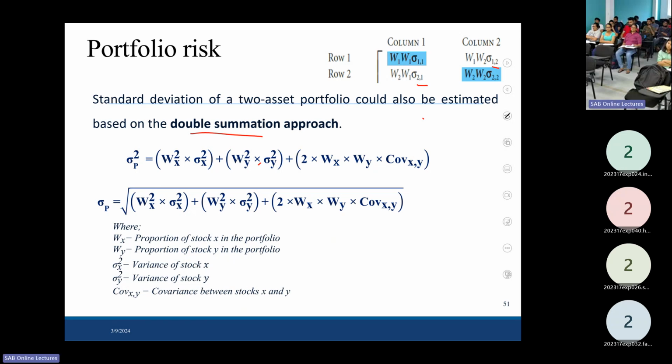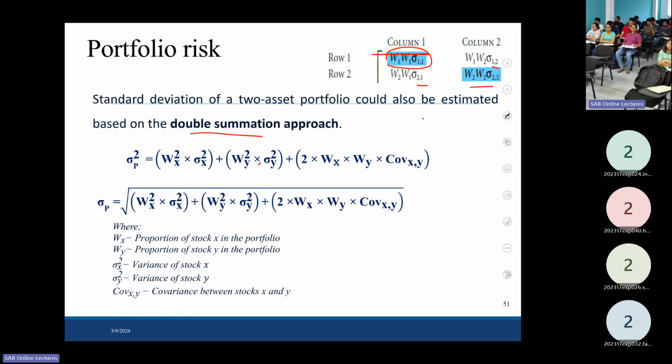Now if you apply this matrix, weight of stock 1 times weight of stock 1 gives weight 1 squared. So weight of stock 1, or X, squared, into the variance of stock 1, since the covariance of 1 with 1 is the variance of stock 1. Plus weight of stock 2 squared into the variance of stock 2.